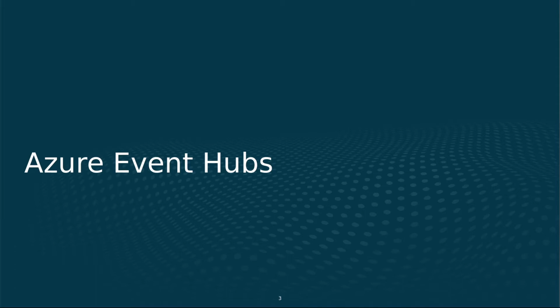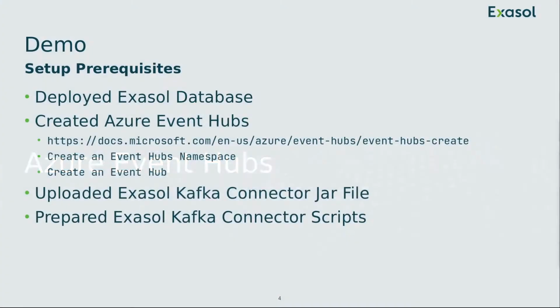Let me now show you how to integrate Azure Event Hubs with Exasol database using Kafka Connector Extension. For this demo, I have already started Exasol database, and I have created Azure Event Hubs namespace and an event hub. An event hub is the same as a topic in Kafka clusters.